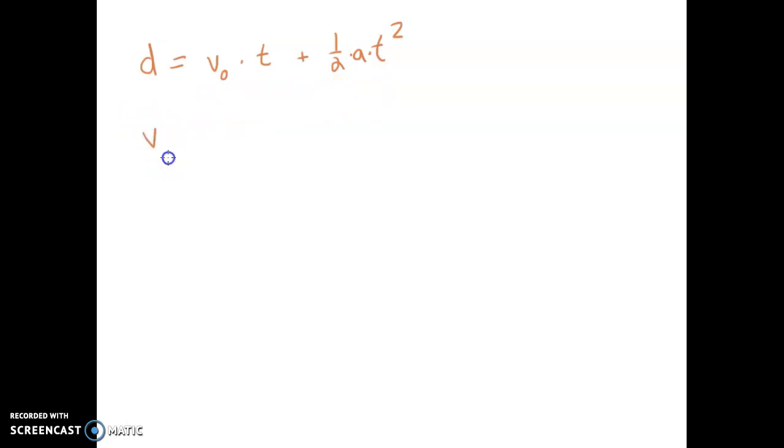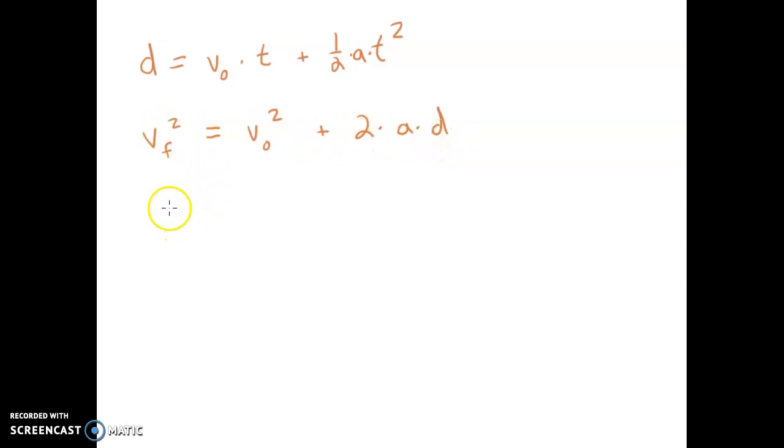And the final kinematic equation I'm going to give you is VF squared equals V naught squared plus 2 times A times D. Remembering that this F just means final, so final velocity squared. The 0 here just means initial, so initial velocity squared. And then the A is acceleration, the D is displacement.